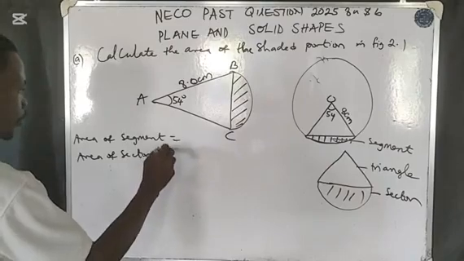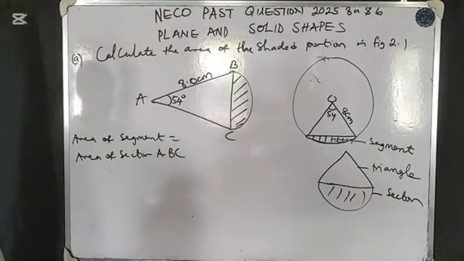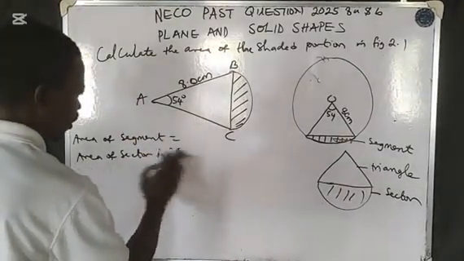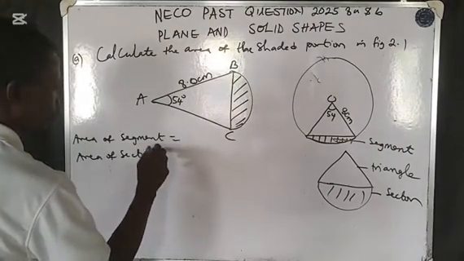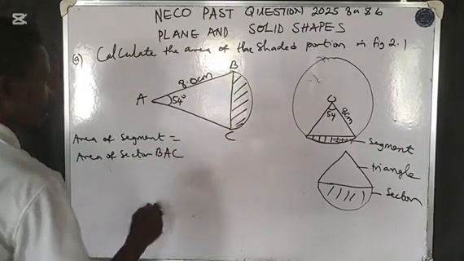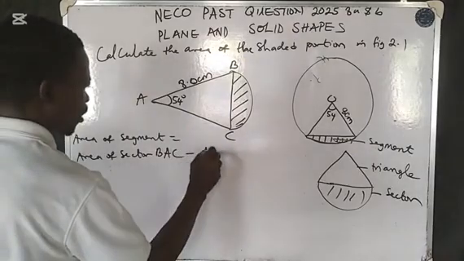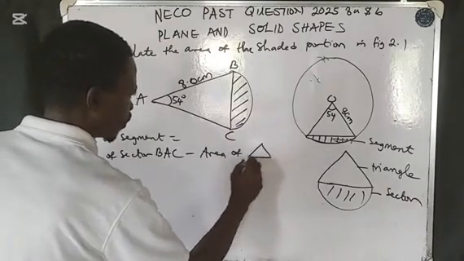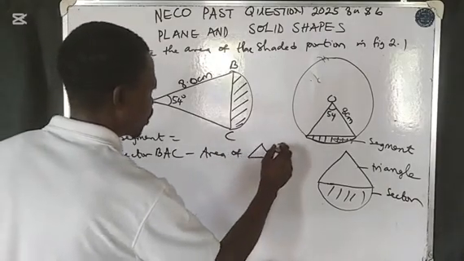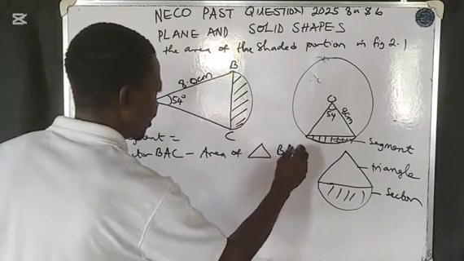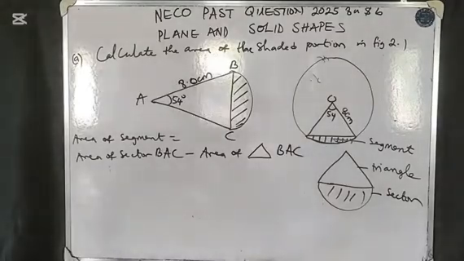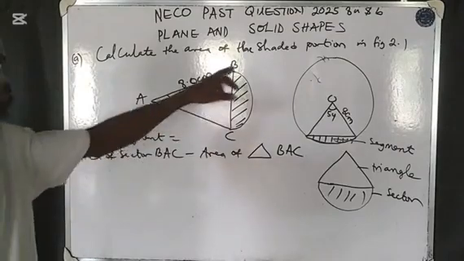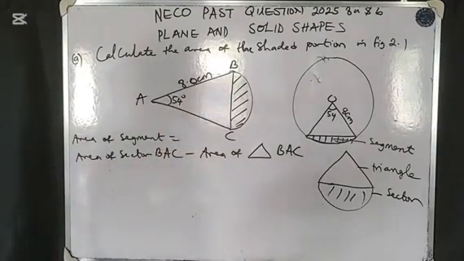BAC. Area of sector BAC minus area of triangle BAC.